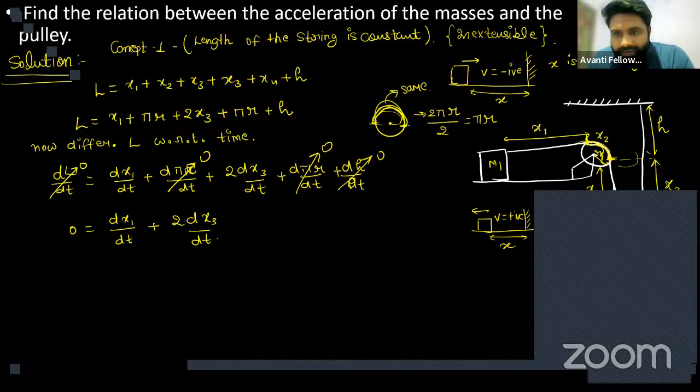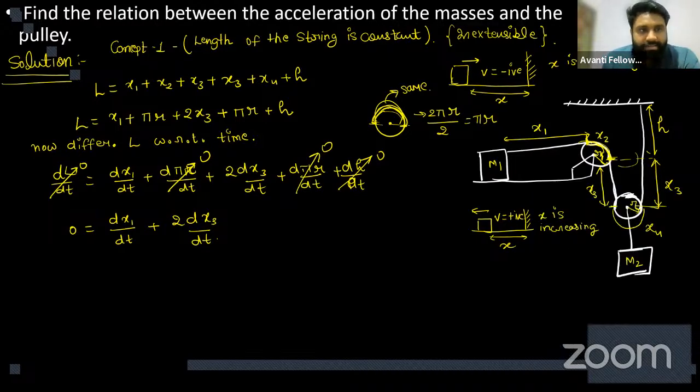JNV Yanam has asked why the LHS is 0. But this is not LHS. Okay. This dL by dt is the LHS according to you, na? And according to me also, this is LHS. This is the entire length of the string. And I have told you that the length of the string is constant because the string that we are using here is inextensible. Okay.